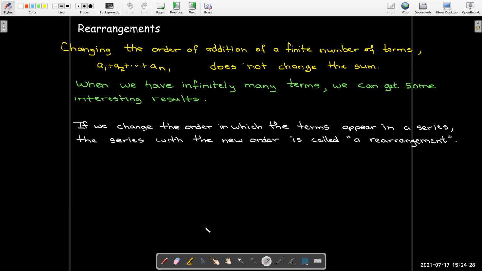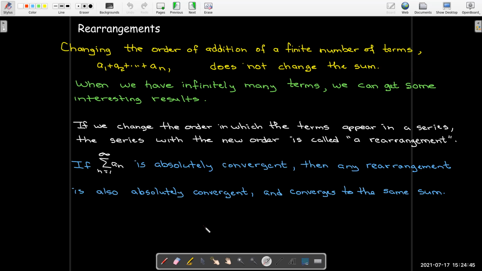If we have a series and we change the order in which we add the terms of the series, we get a new series which is called a rearrangement of the original series. Now, if you have a series that's absolutely convergent, then it behaves exactly the way a finite number of terms would behave.